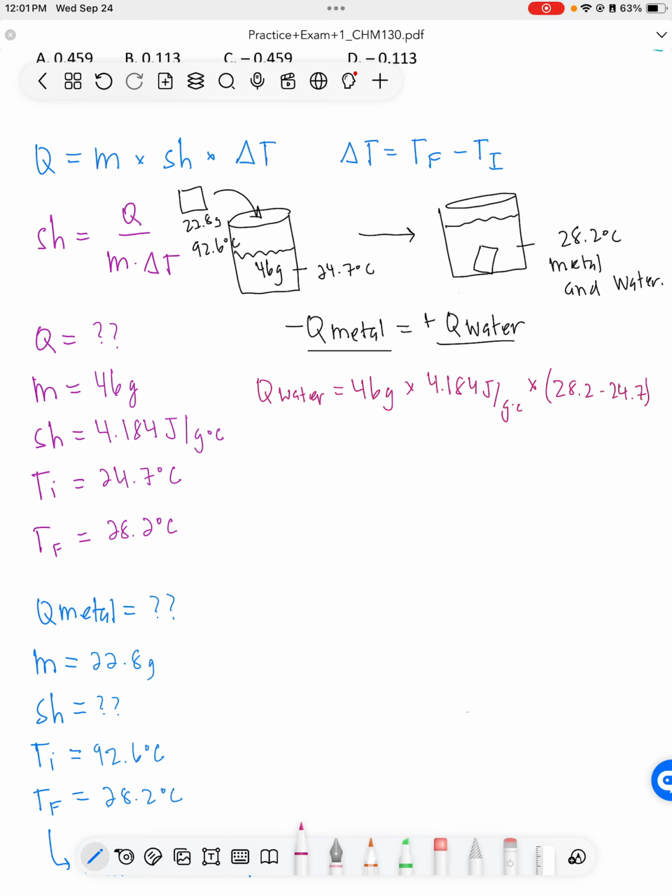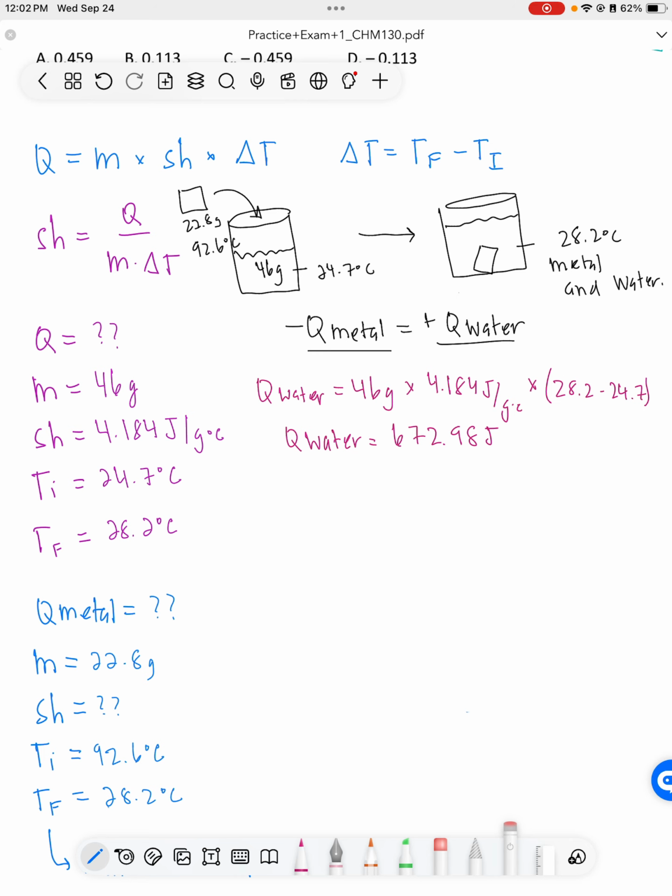Okay, so I've already done this math on my calculator, and my internet isn't working for my iPad, so I can't show you how to do it. But the answer that I got for Q water, which is how much energy or heat it absorbed, was 672.98 joules.